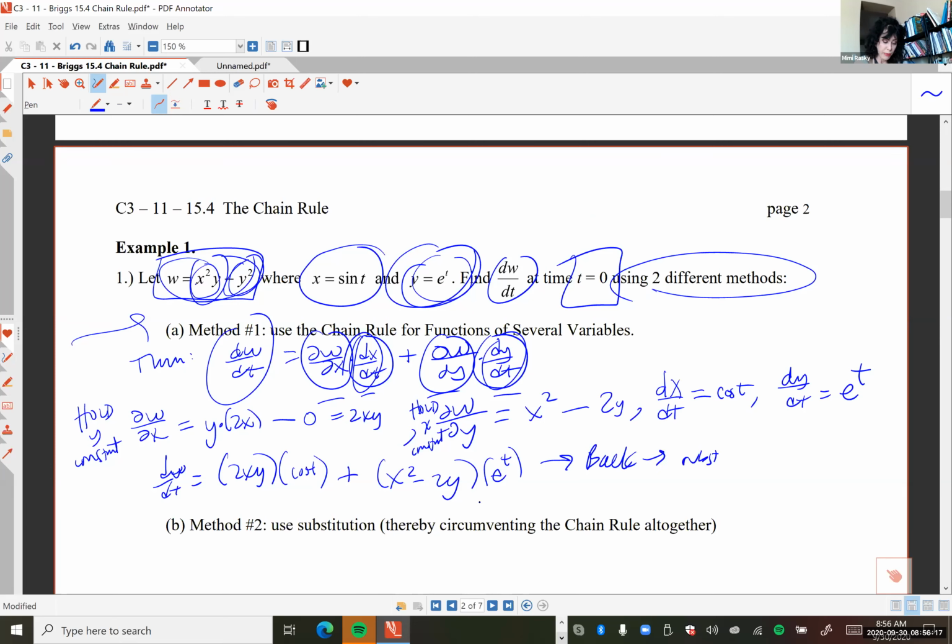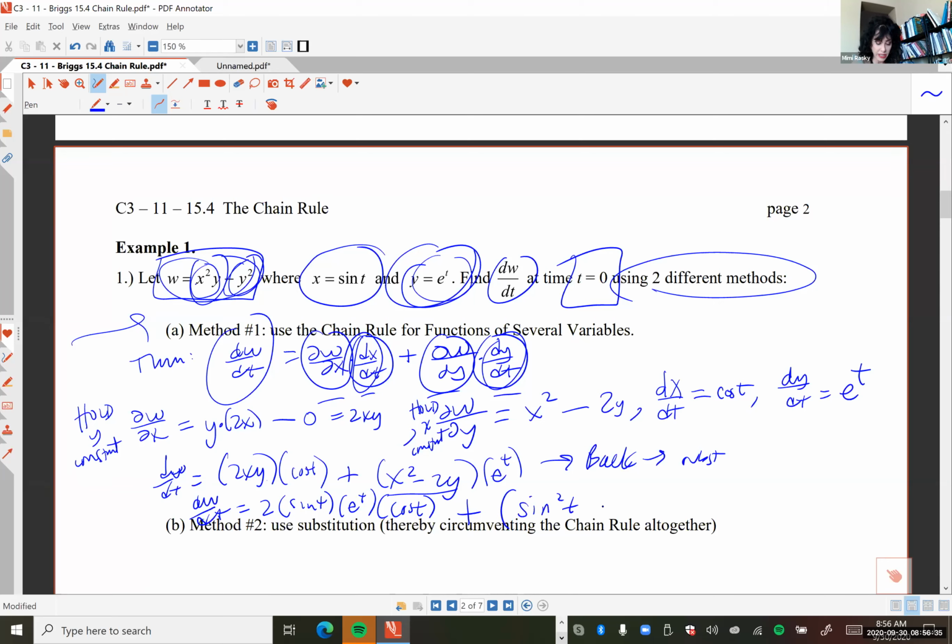So what I mean by that is, your dw/dt, if I do this, you're going to have 2 times x times y, but x is sine t, y is e to the t, and then you also still have the cosine t factor, plus the quantity x squared minus 2y. Okay, that's going to be sine squared t minus 2e to the t, and you're going to multiply that with e to the t.